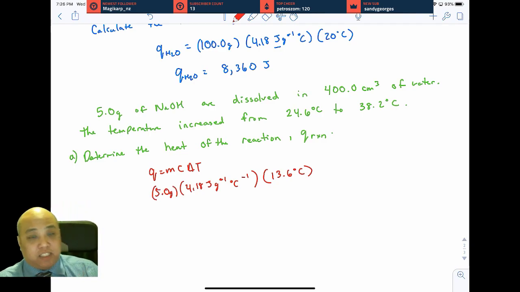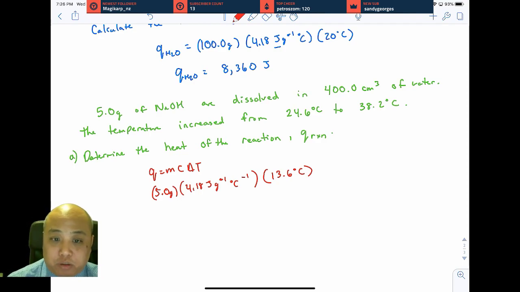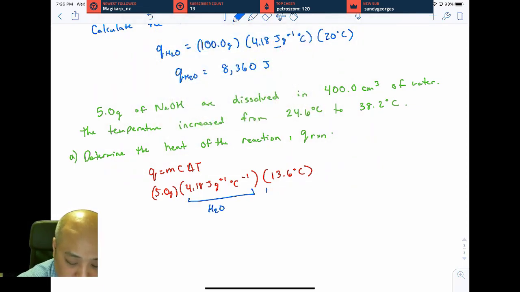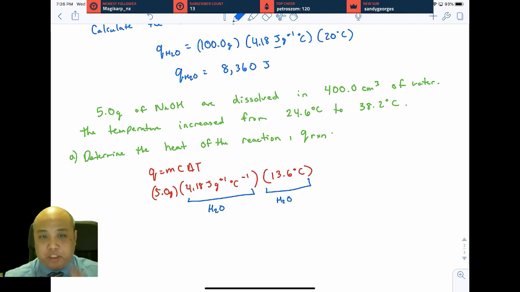And that's where the IB takes advantage of people that have just memorized a process and don't think about what the values actually mean, because they only see one mass. That must be the mass that you use for Q. But it's not, because this is of water. This is of water. So why would you use the mass of NaOH to complement the C and delta T of water?